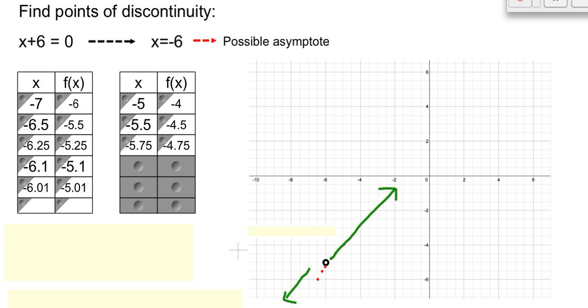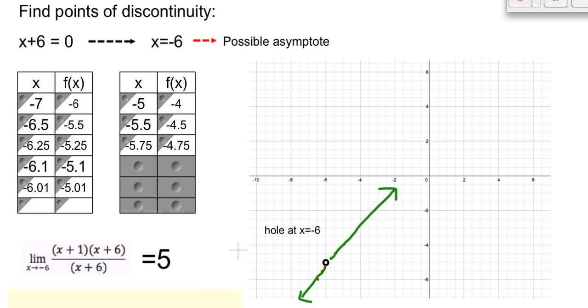So our point of discontinuity is right there. That is the point where x is -6 and y is -5. Everything else just looks like a straight line, and it's just missing that one point. So that is not an asymptote. That is just a hole in the graph. It's a hole because x equals -6 gives us a point of discontinuity.